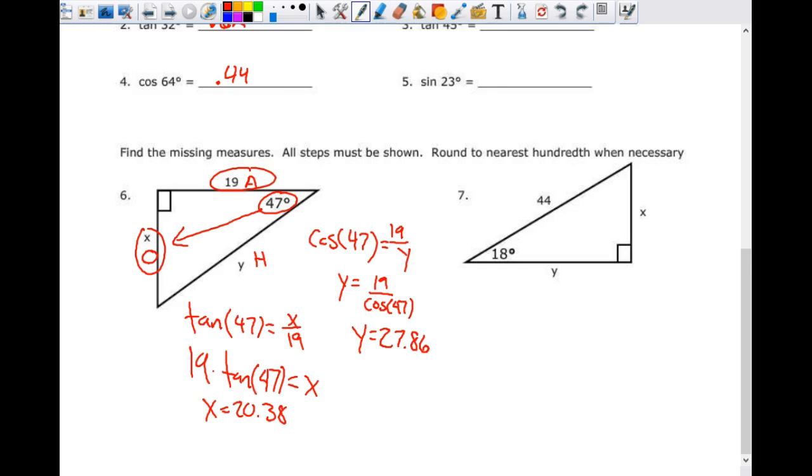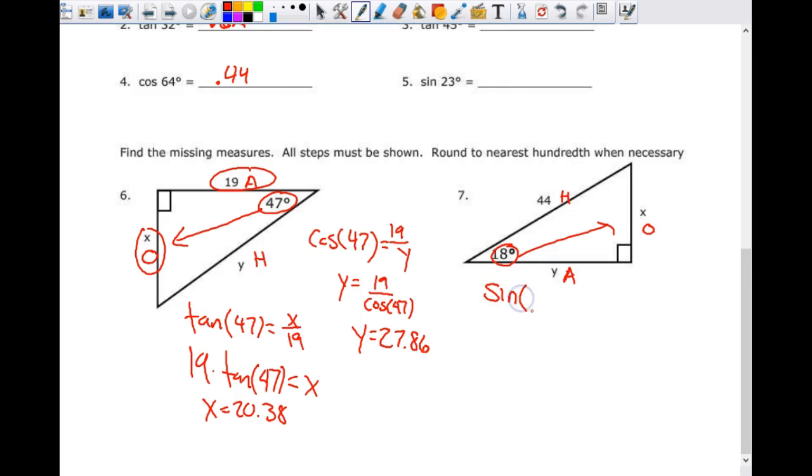All right, our reference angle is 18. Across is your opposite. This is your adjacent. That's your hypotenuse. Okay, so we're going to cover up y. And you cover up y, you're left over with an O and an H, which is sine.